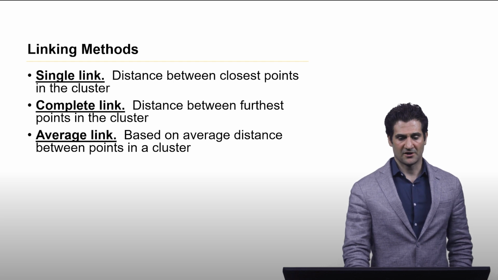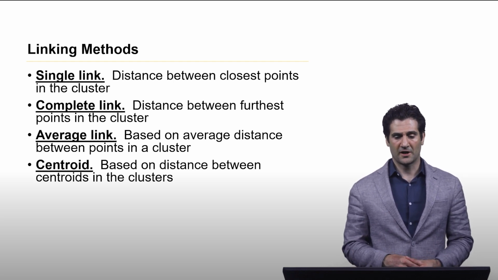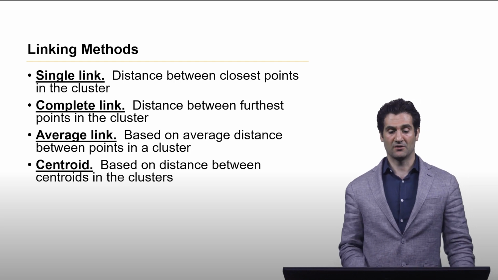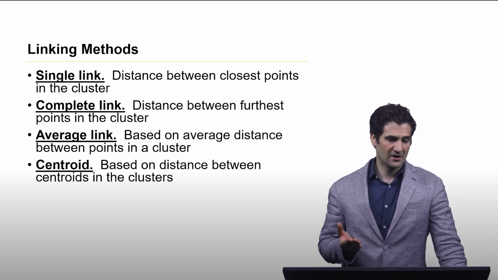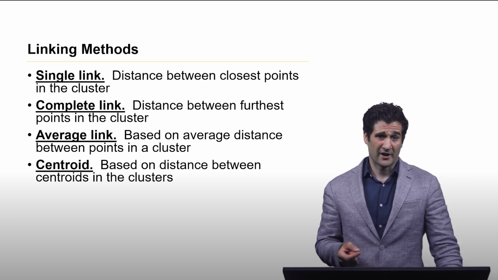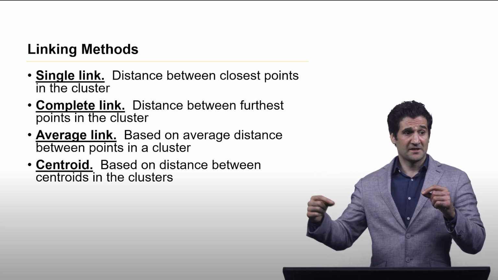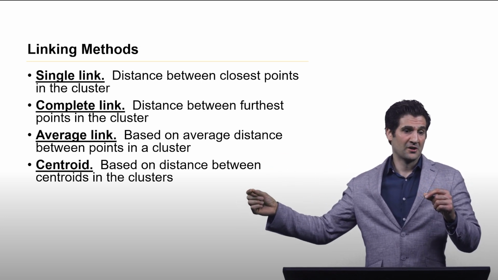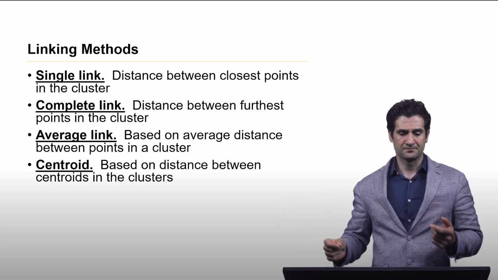We also have things like average link and centroid-based, which are a compromise between single and complete link. The issue with single link is that it causes what is known as chaining, where you could have a cluster that spans out further and further because you're iteratively adding elements to that cluster.